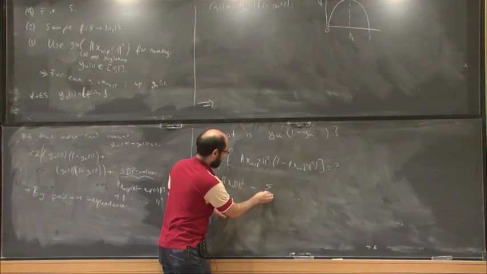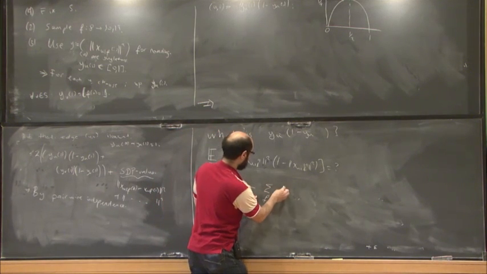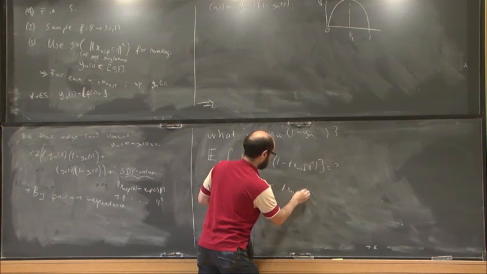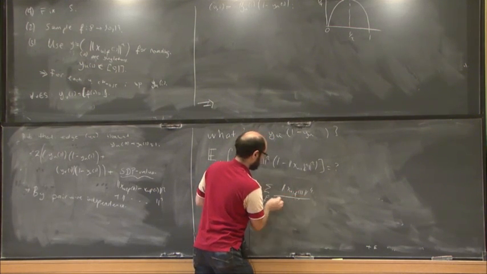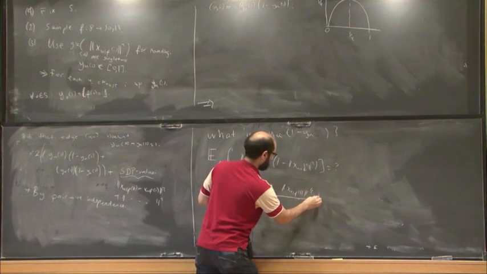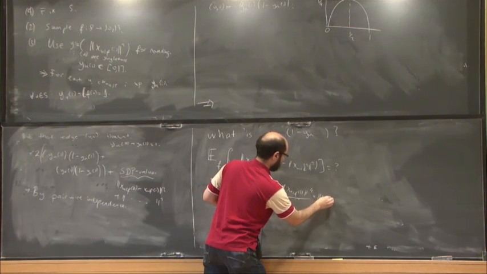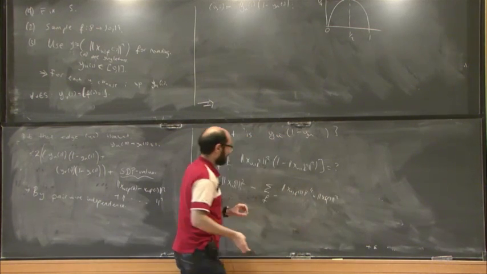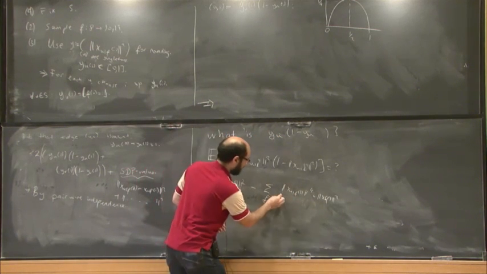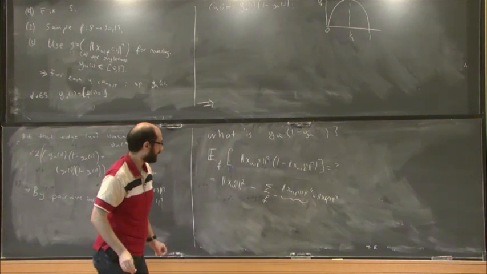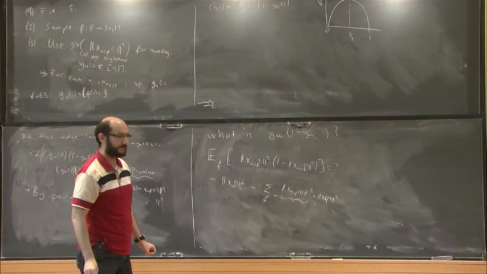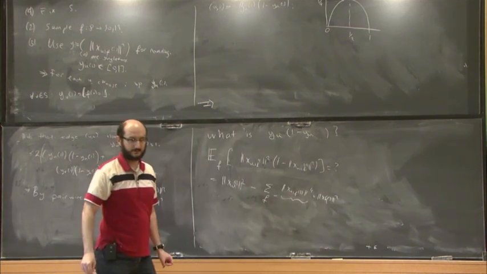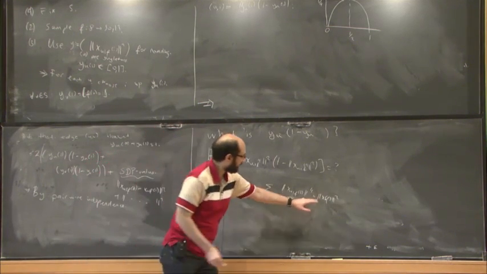And the second one, let's just write it algebraically: x_u(f) to the 4th power times the probability that I pick f.